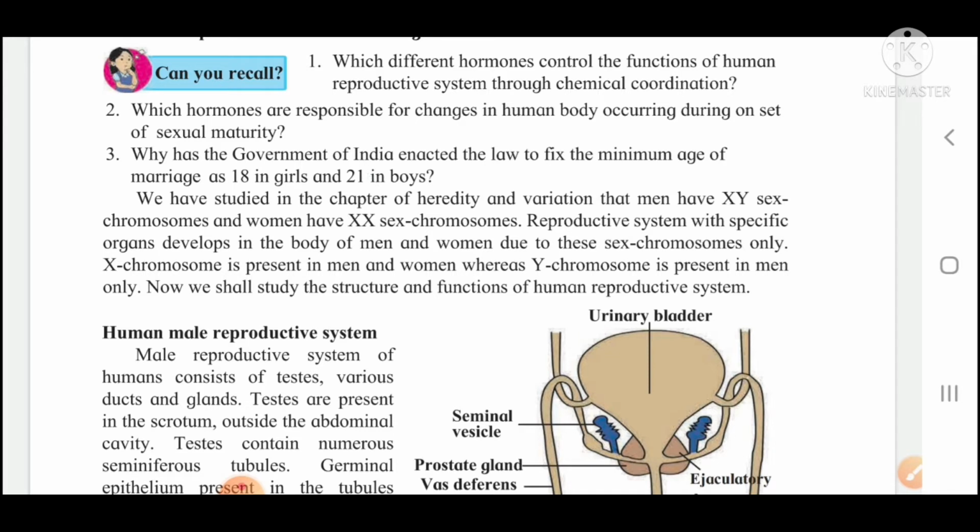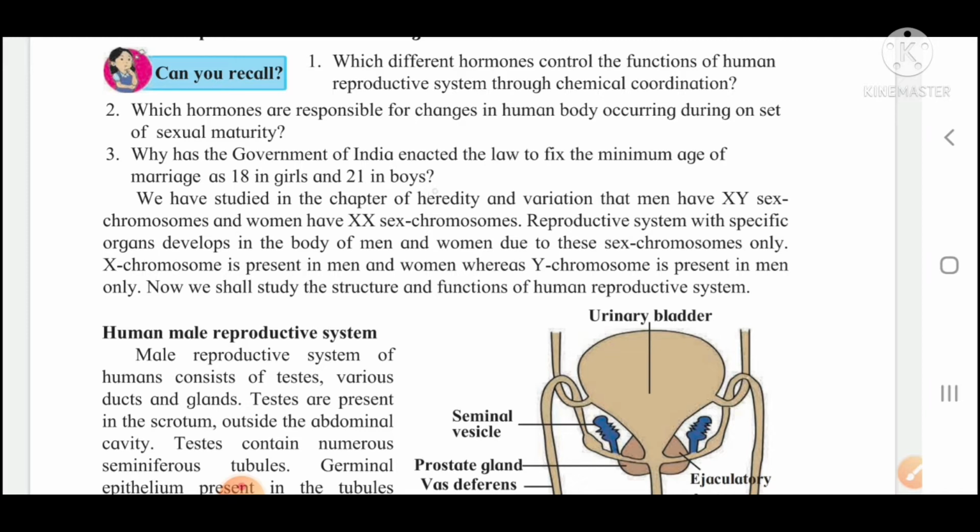So testosterone is produced in the male. Spelling is testosterone. This is a hormone in the male, and in the female, estrogen and progesterone.